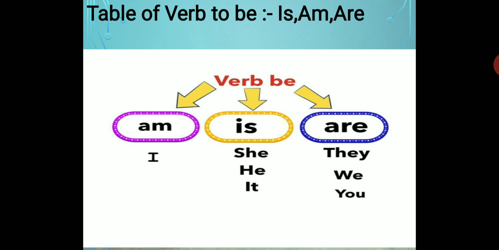So we use is. But if instead of he, there is a particular name, Rahul is a brave boy, then Rahul represents only one noun, a singular noun, so also we use is. And remember one thing, he, she, it is the singular form of pronoun. Now are.